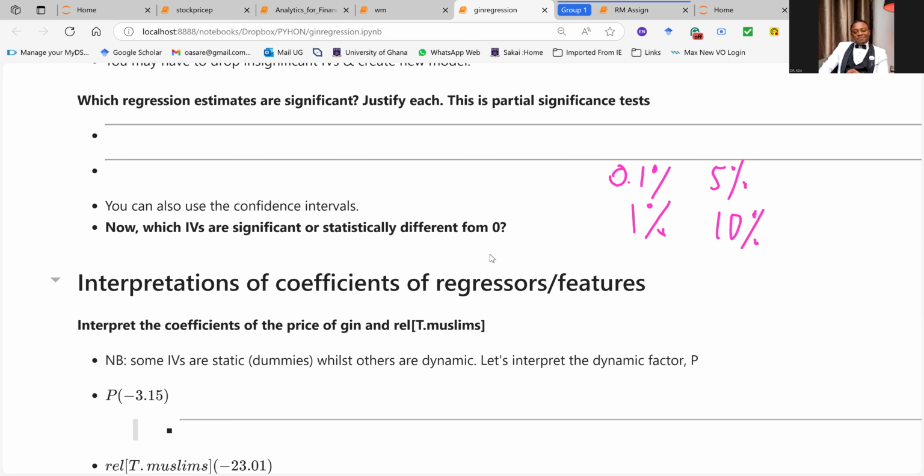So I didn't bring anything about religion because I'm interpreting religion.